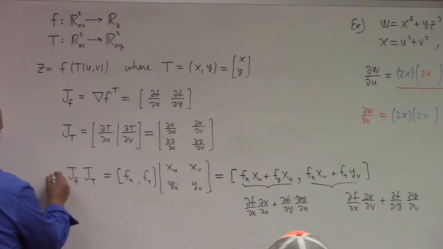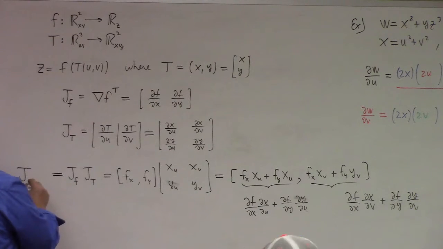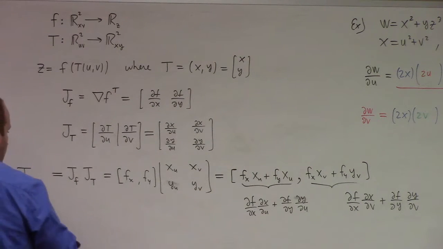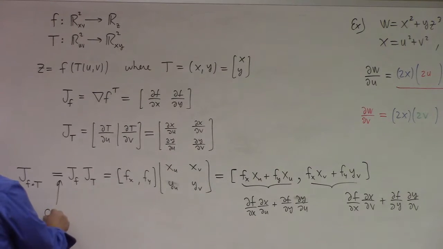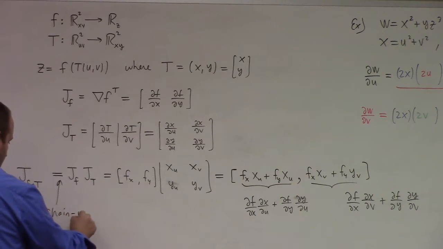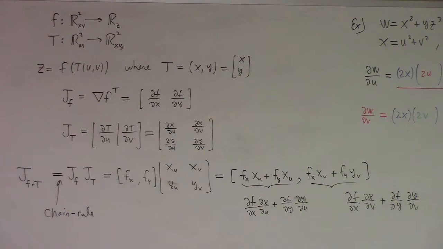What you're looking at is the Jacobian of f composed with t. Well, this is the general chain rule. In the language of Jacobians, the chain rule simply says that to get the Jacobian of the composite, you multiply the Jacobians of the things being composed.